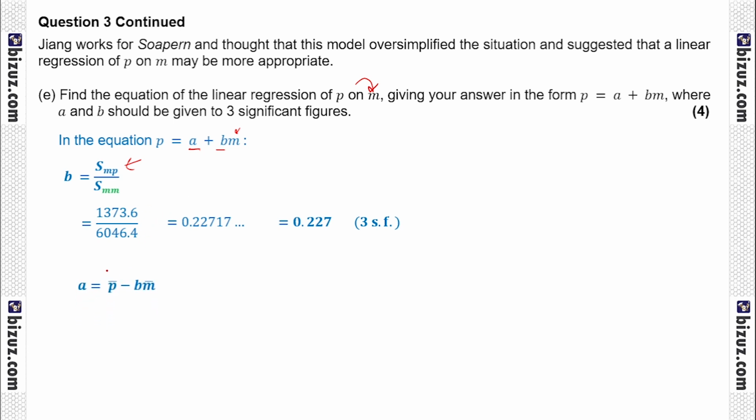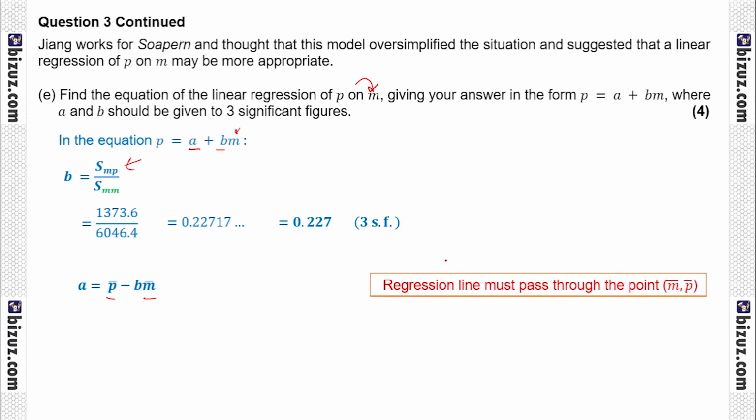So A is equal to the mean of your dependent variable minus B multiplied by the mean of your independent variable. You could just remember or memorize this formula. However, if you don't remember it, that is not a problem, because it's very easy to derive using the fact that by definition the regression line must pass through the point that has both the means.